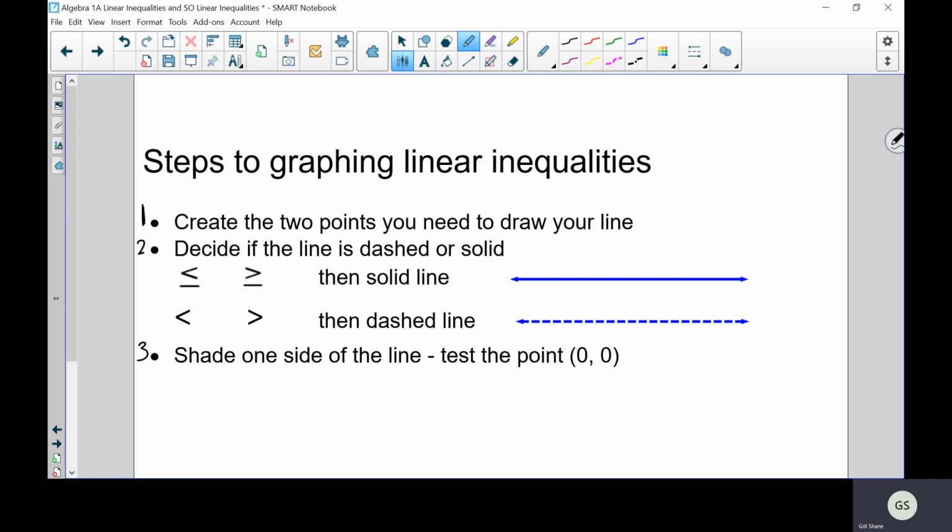This is what you need to know how to do by Friday. The middle one is a piece of cake. All you got to do is look at the symbol, and that tells you what your line is going to look like. And I'm actually going to give you a little shortcut that will at least get you some points on that no matter what. Number 1 and number 3, you got to figure out.